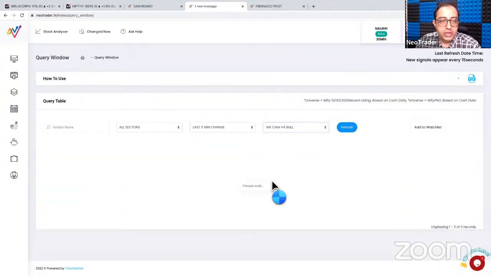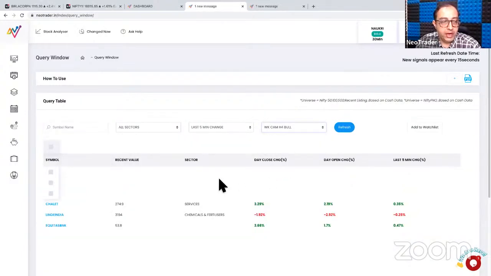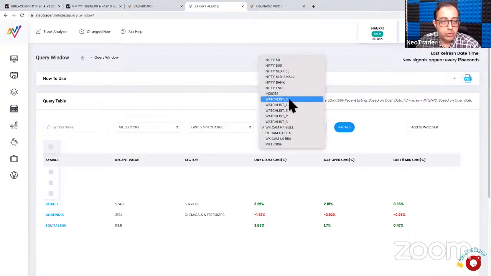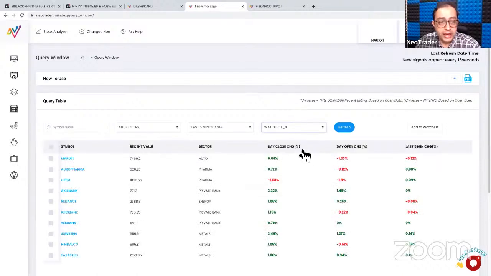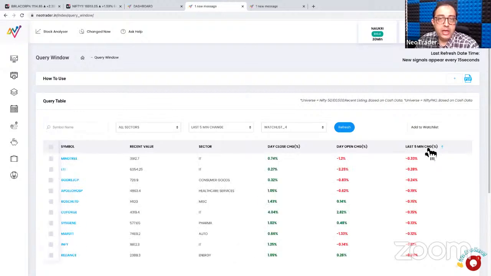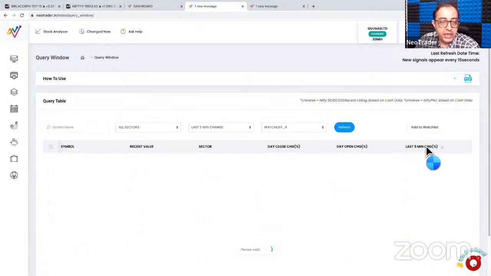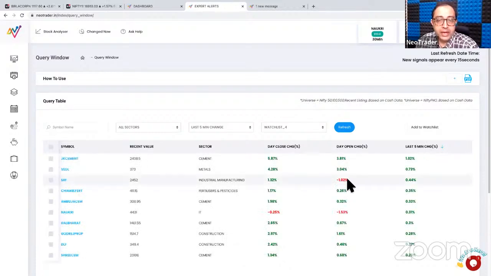You can have your own watch list, and the same query will run on your watch list and show you what kind of stocks you want to trade. You can have your own set of stocks, or your own index. For example, this is a watch list where the algo is running for you, and based on the rule sets which we have designed, it will make it easier for you to look at the markets and trade better.